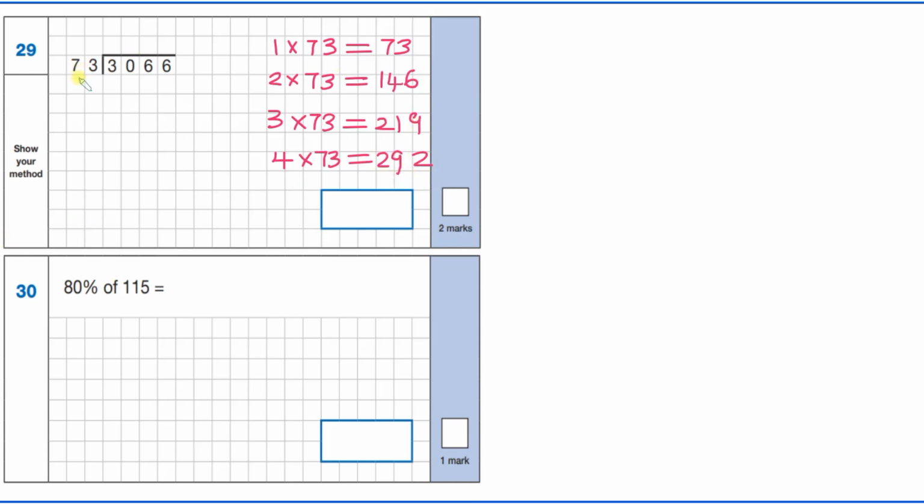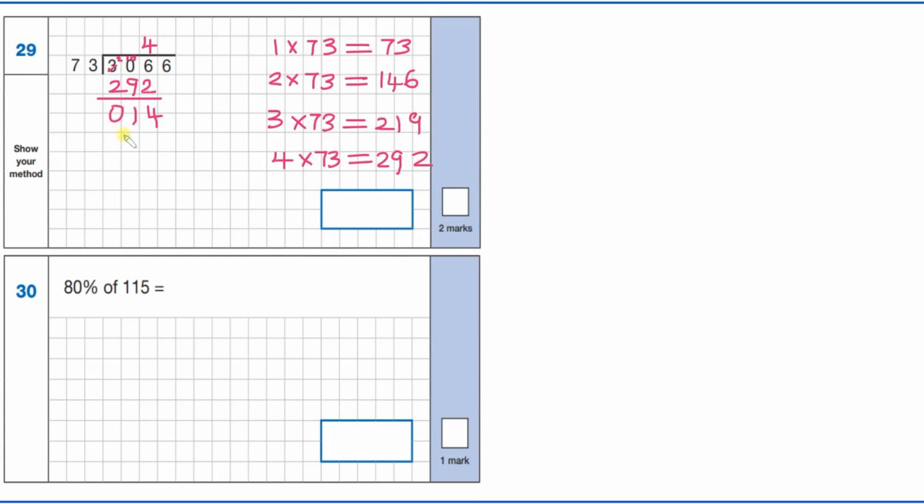I think 292 is closer to 306. So I'm going to put 4 times here and I'm going to write 292, the closest I can get. If I subtract the bottom number from the top number, 6 take away 2 is 4. And now 3 becomes 2 and that gives 10. 10 take away 9 is 1 and 2 take away 2 is 0.